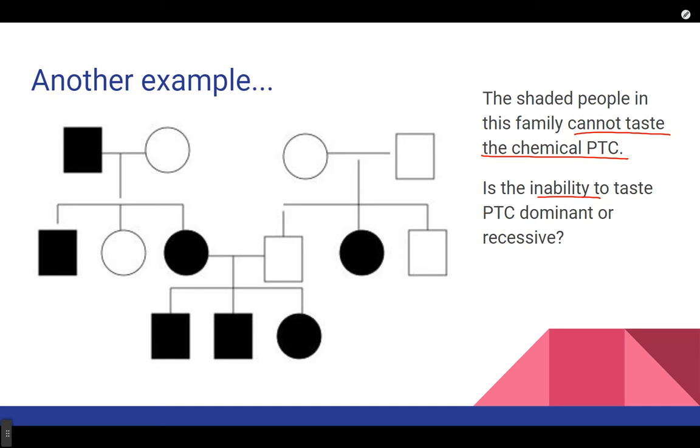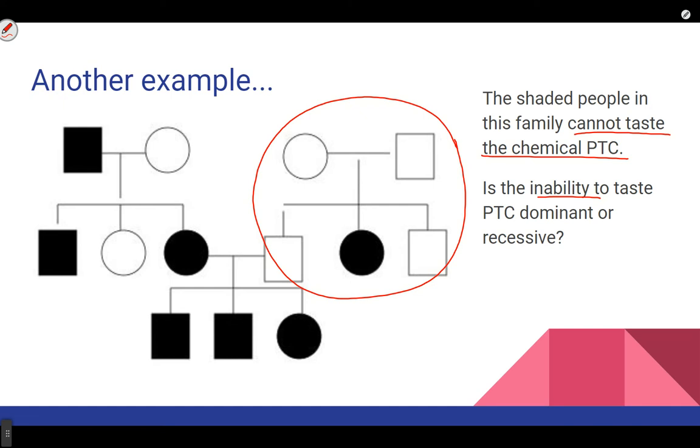Once again, look for the pattern where the two parents are the same, but they have a kid who's different. So this time, the family that helps you figure this out is this one. Both the parents can taste PTC, but they have a daughter who can't. So what does the shaded trait have to be? What's the only way that that's possible?